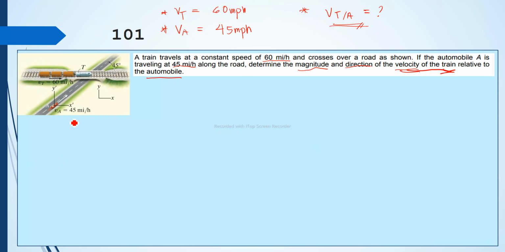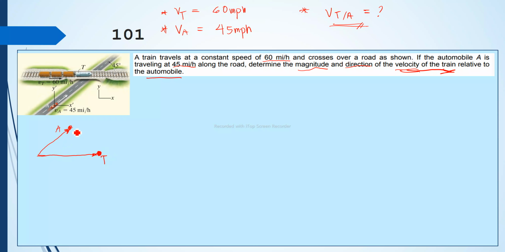Okay, so here, let's just draw the motion. So you have a train crossing the road towards the right. We also have our automobile traveling in that direction. Now we are asked to find the relative velocity.